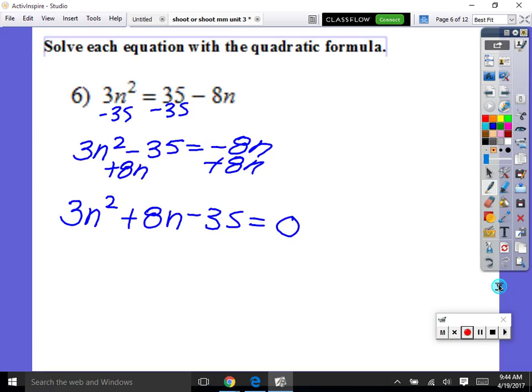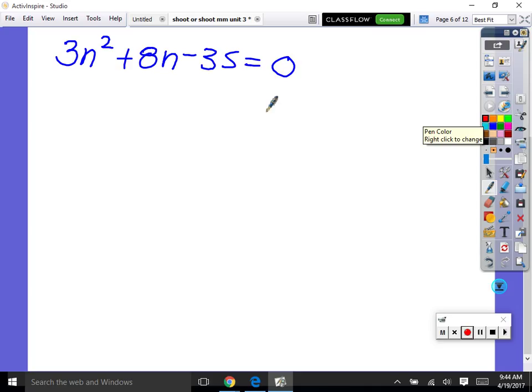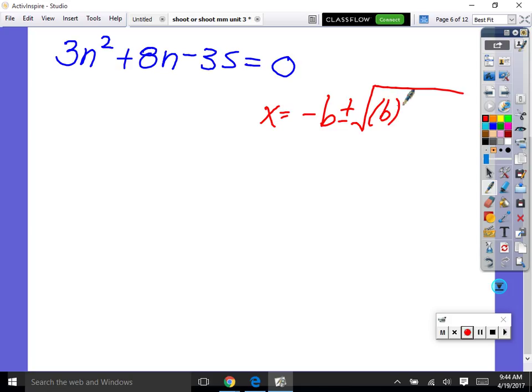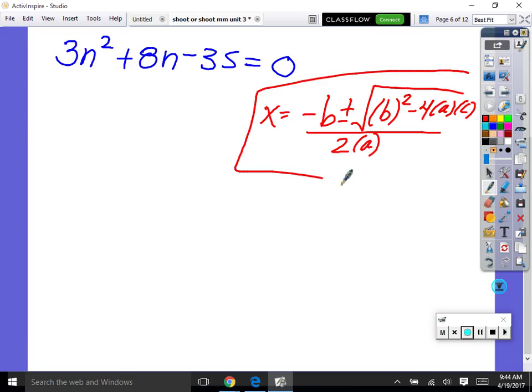Yeah, and so you'll sing your little song, and let's write it down. So you'll do x equals negative b plus or minus the square root of b squared minus 4ac all over 2a. Okay. So ready, set, go. Remember, the hardest thing is simplifying it correctly.